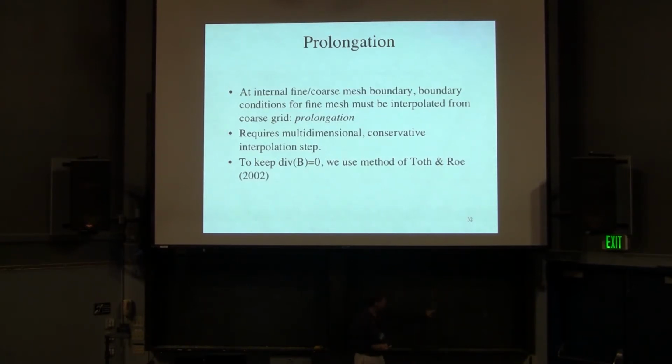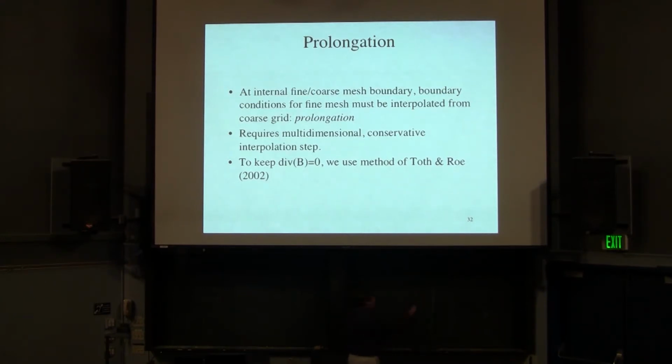These fine mesh cells need boundary conditions, but the cell centers on the coarse mesh are not lining up with them. So I need to calculate ghost cells for the fine mesh, which come from interpolating the solution on this coarse cell. And this interpolation has to be conservative.